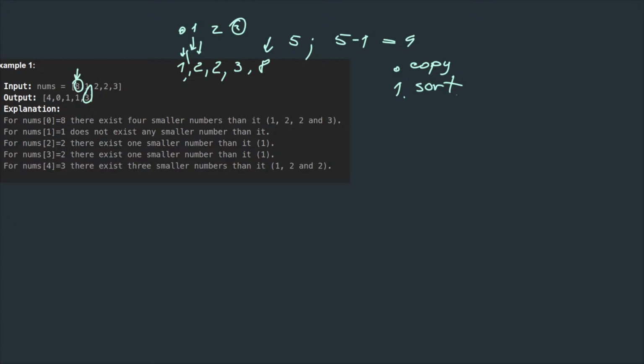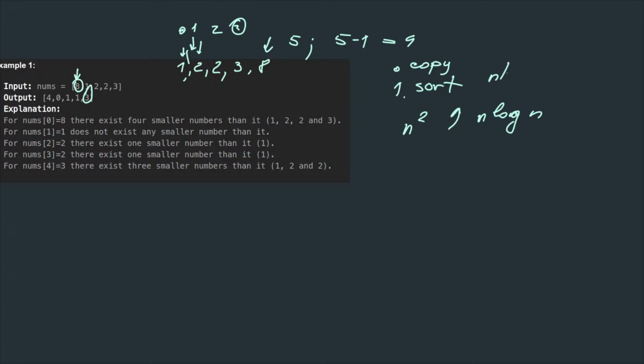We'll sort it, but one thing I don't really like is searching for the index every time, because we'll have an n square algorithm, but we want to make it n log n.